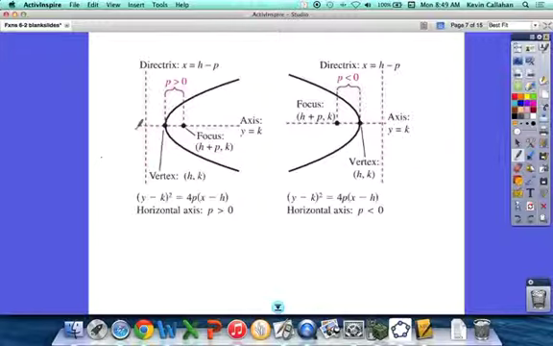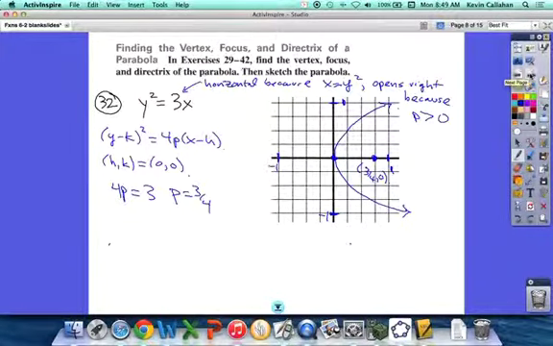On the opposite side, outside the parabola, on the opposite side of the vertex. If this was 3/4 inside the parabola, then the directrix is 3/4 on the other side, which would make that x equals negative 3/4. So we found the vertex, we found the focus, we found the directrix, and we sketched the graph.